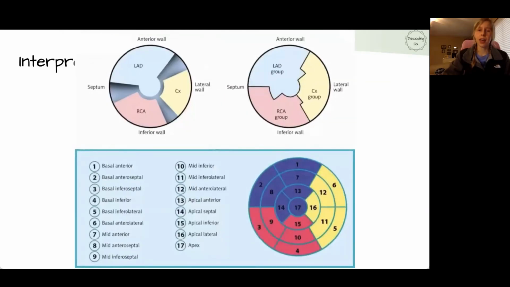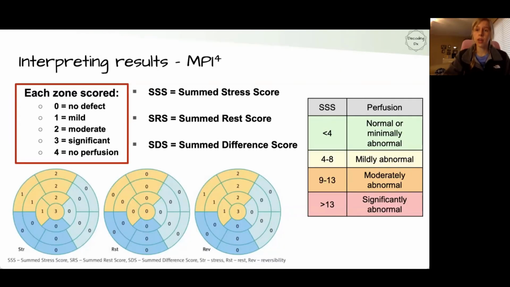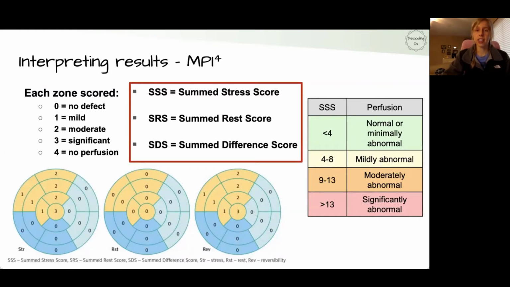When you have an MPI, they cut the heart into these 17 different zones, and they look for the differences in perfusion to these different zones relative to each other. Each zone of the 17 that the heart is cut into will be given a score from 0 to 4. The increasing score has more significant defects in perfusion. Each area of the heart is given a score at rest and at stress.